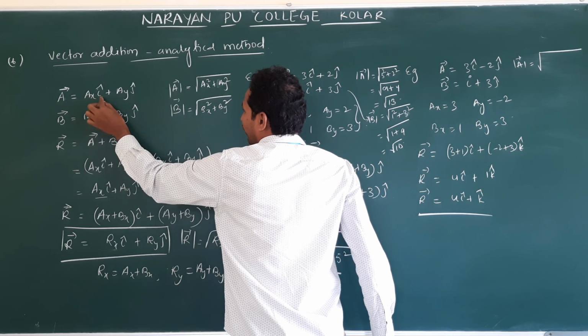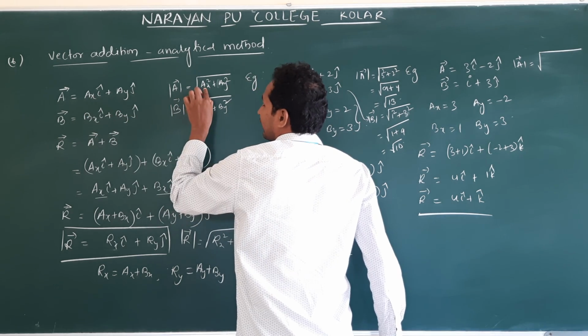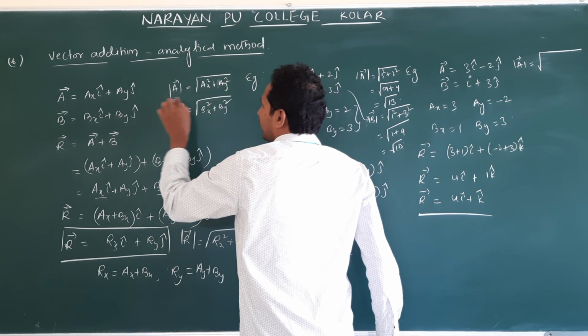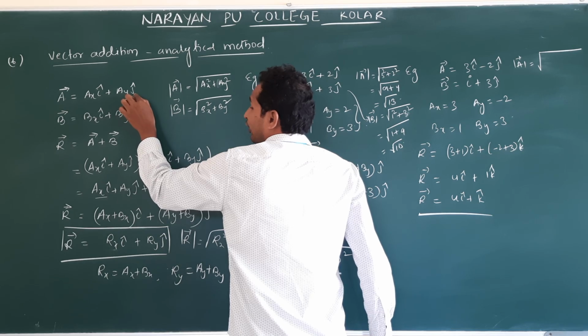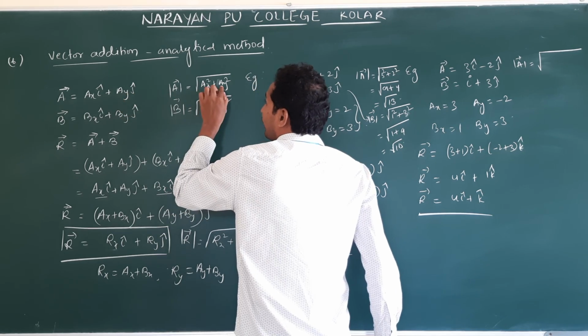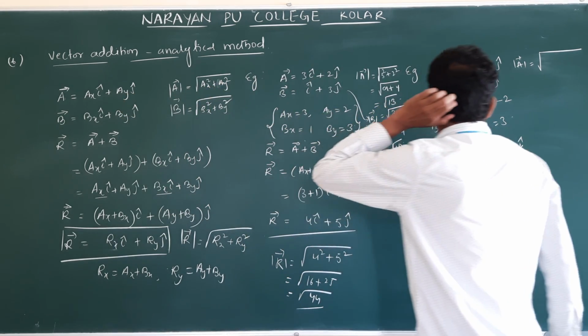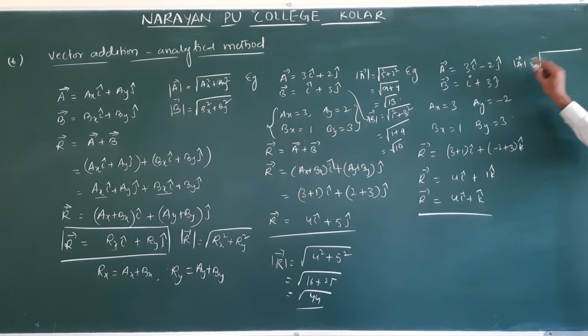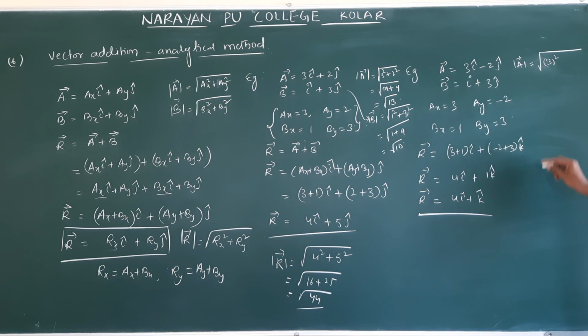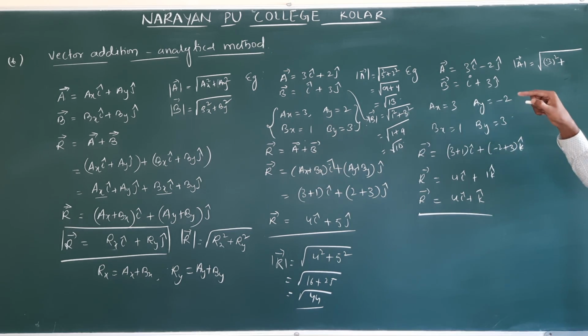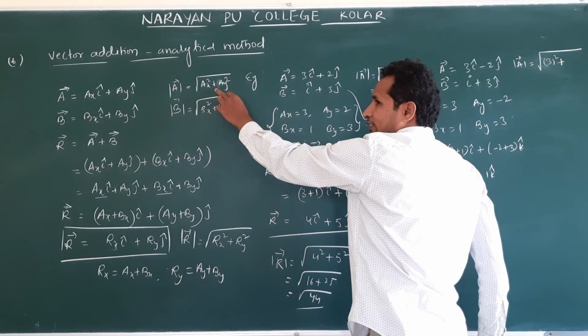The component of I. This component square. Ay is what? A component of j. Component square. So then what will happen here? What is the component of Ax, I mean component of I cap, that is Ax is 3. 3 square. This plus is there in the formula. Don't write minus. This plus is as it is.